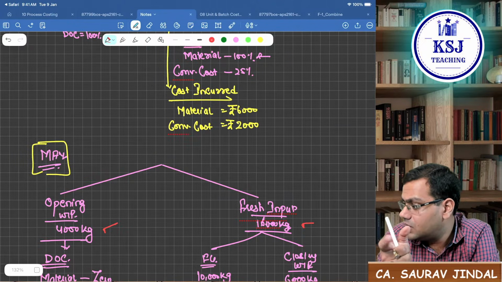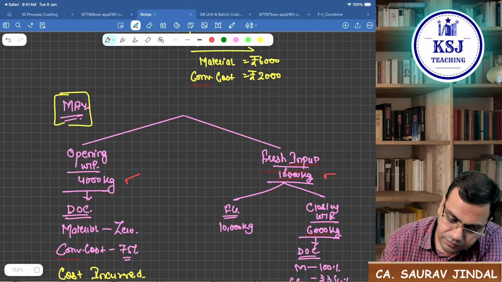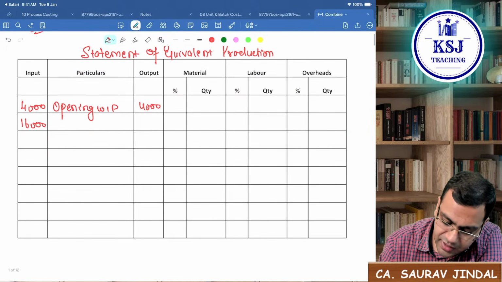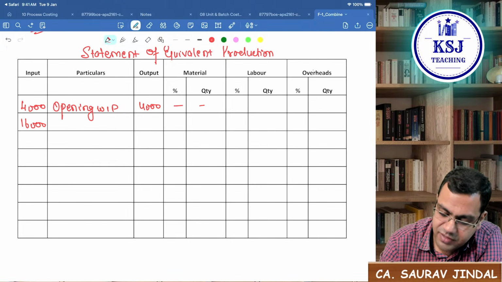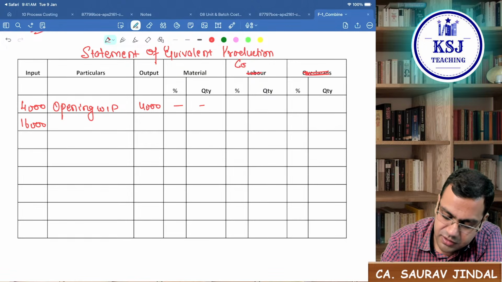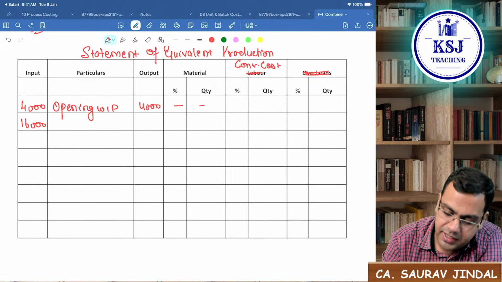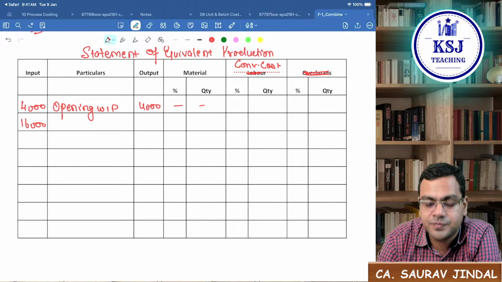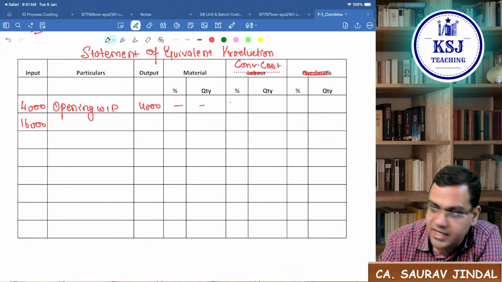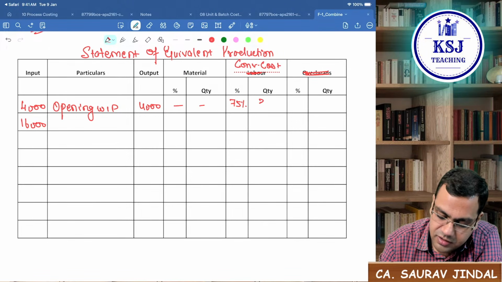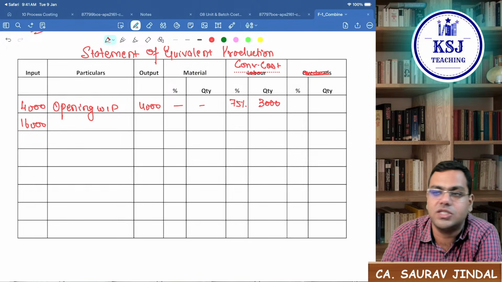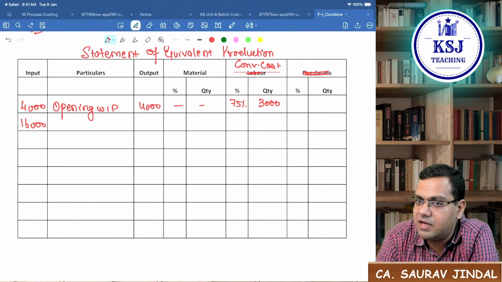No. So here material I will not write. What about the conversion cost? I'll write here conversion cost, which will be 75%. That is on 3,000 equivalent units the cost is incurred. Clear with the opening WIP?